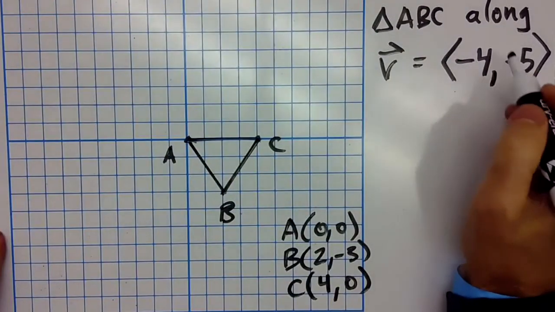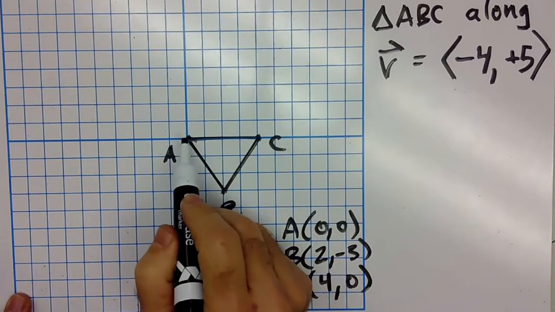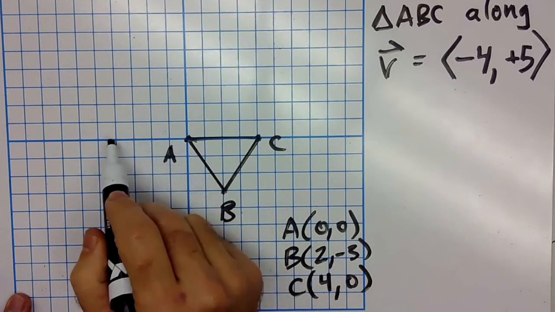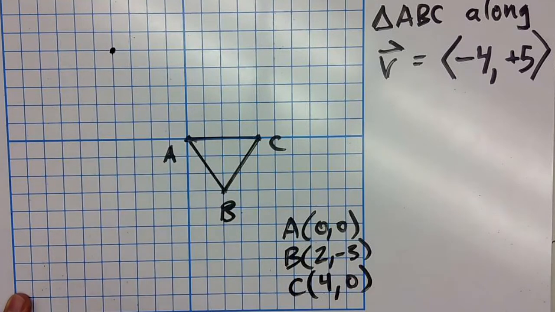Now we're going to take this vector, and from each of our vertices, we're going to draw that vector and find our A prime, B prime, and C prime. So starting at point A, if I go 4 to the left and 5 up, that puts me right up here. So that's going to be my A prime.